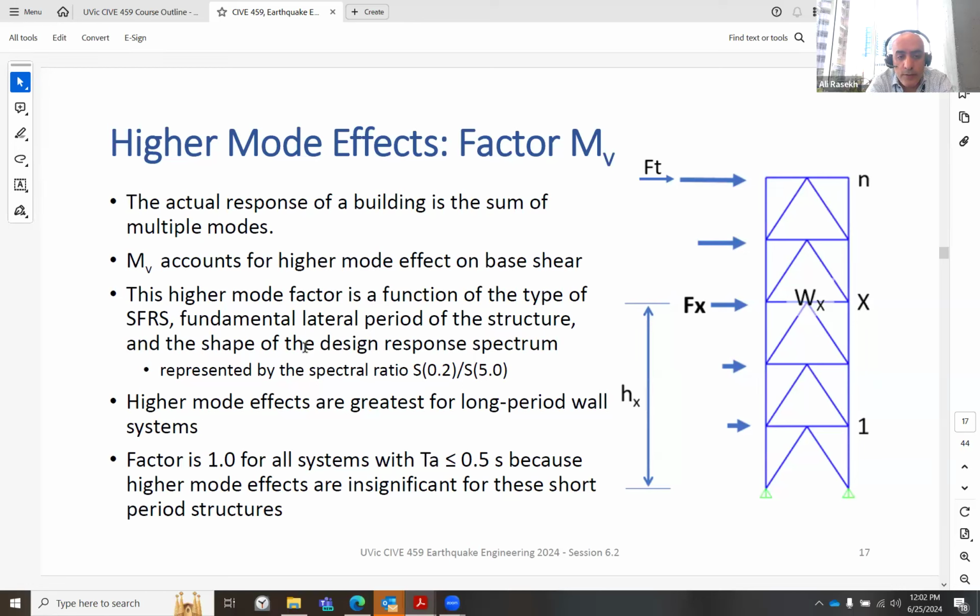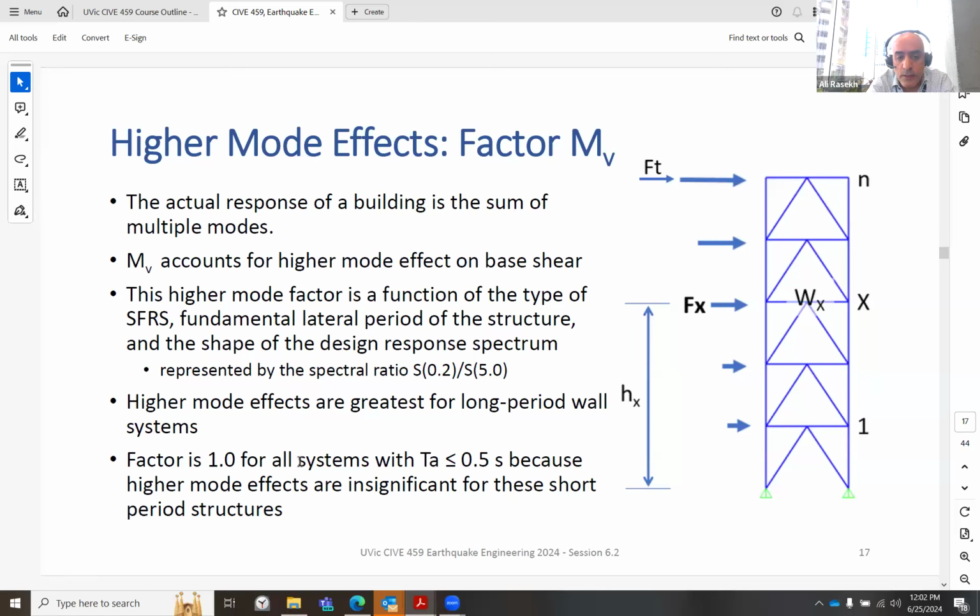This higher mode factor is a function of the type of building, the fundamental lateral period of the structure, and the shape of the design response spectrum. Higher mode effects are greater for long period wall systems. Tall wall systems have more higher mode effects.